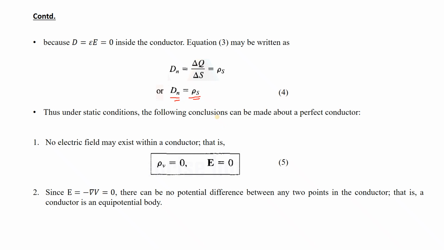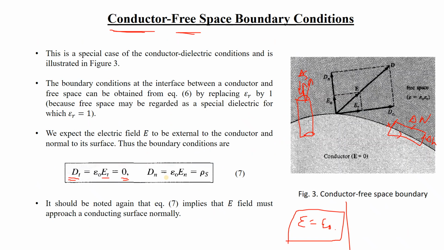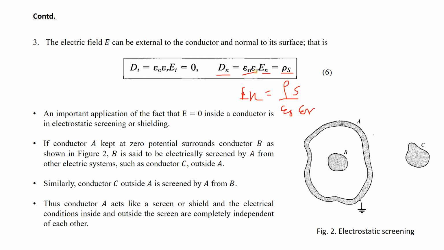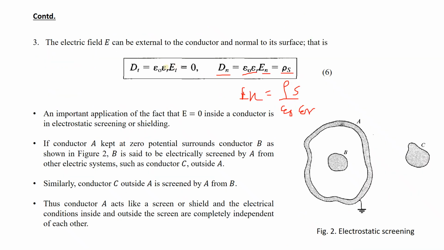So if D equals rho s, then E equals rho s by epsilon. In the previous case, En equals rho s by epsilon naught epsilon r. In this case there is only epsilon naught, so En equals rho s by epsilon naught.